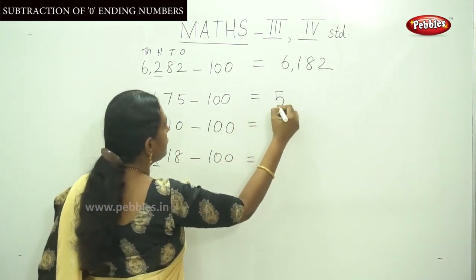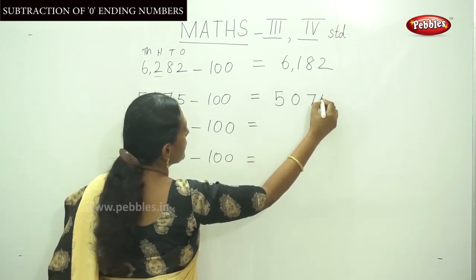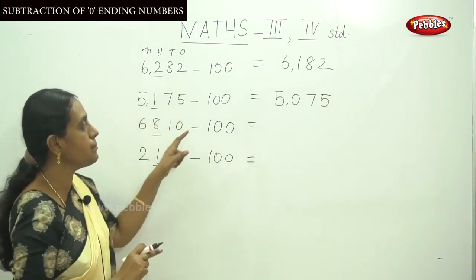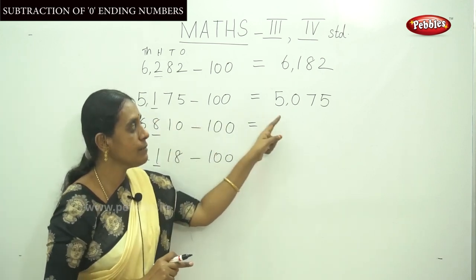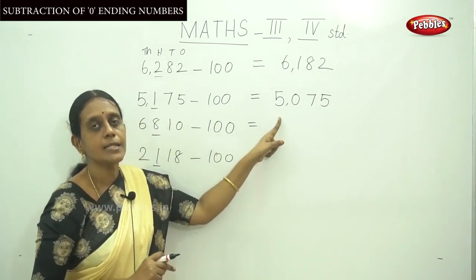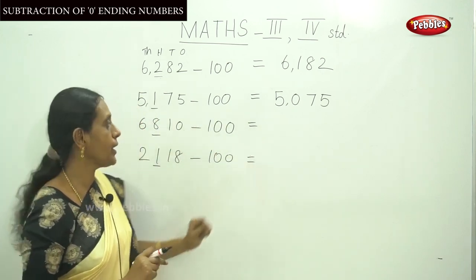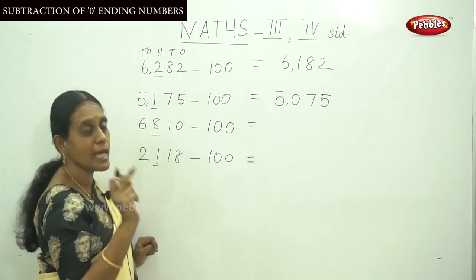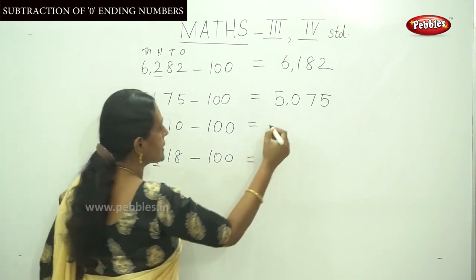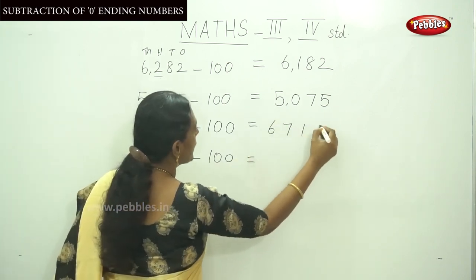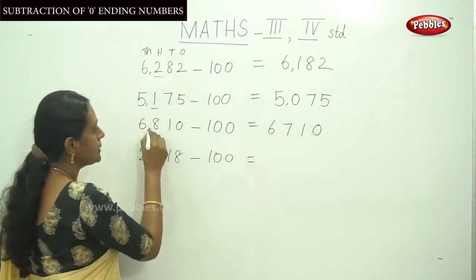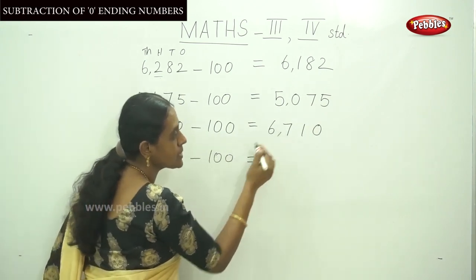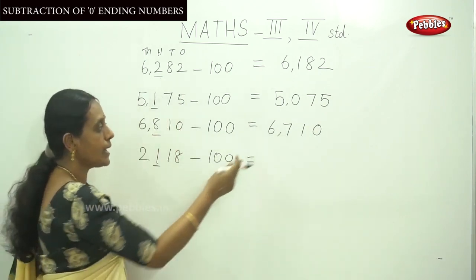So 5175 minus 100, the answer will be 5075. Next, focus on the hundreds place number here, that is 8. So you write 6710. That is, 6810 minus 100 means 6710. This is the answer.